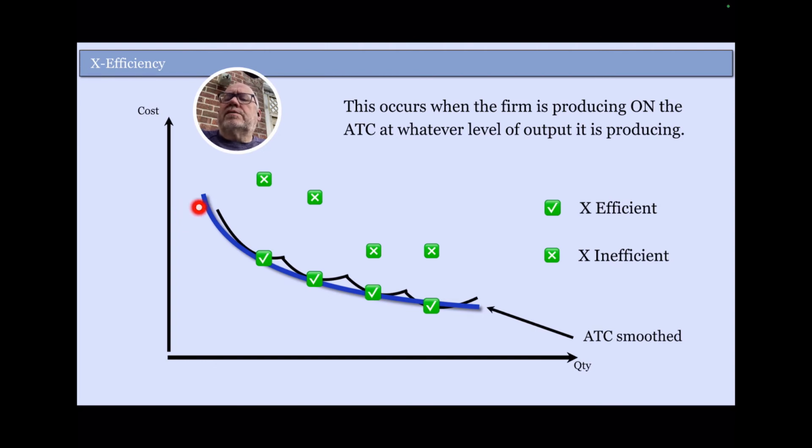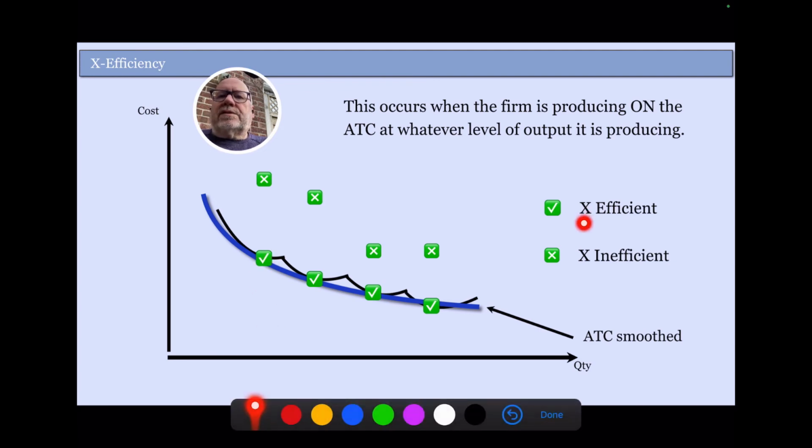Okay, so what we're talking about here, and you can see it, I hope, just to confirm what we're saying about X efficiency, is that this blue line here is the long run ATC curve. It's been smoothed out now. And so any point when you have adjusted your labor and capital so that you are on the ATC, you are X efficient.